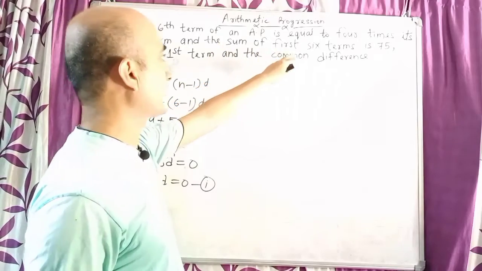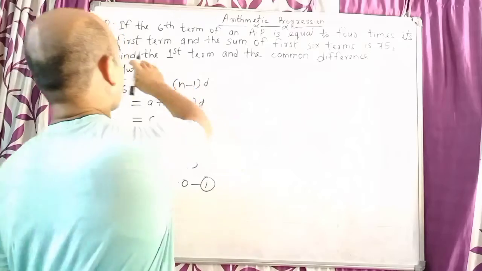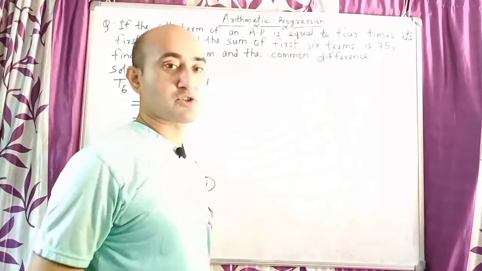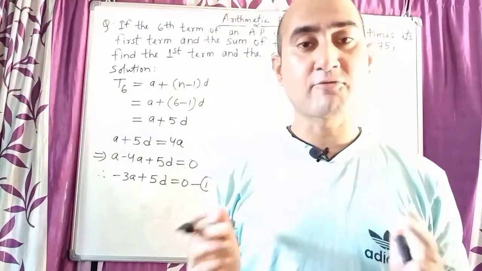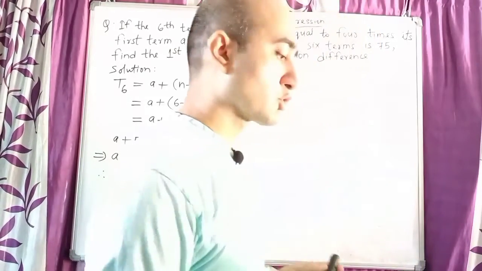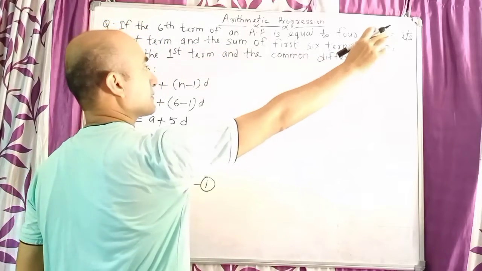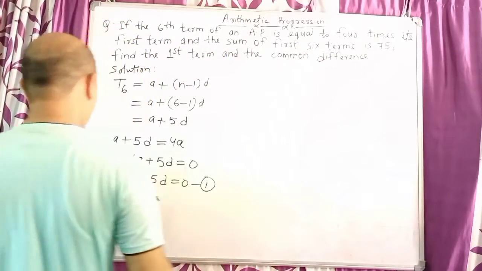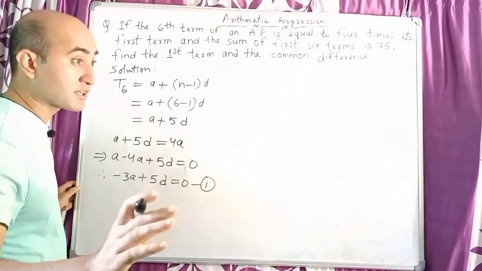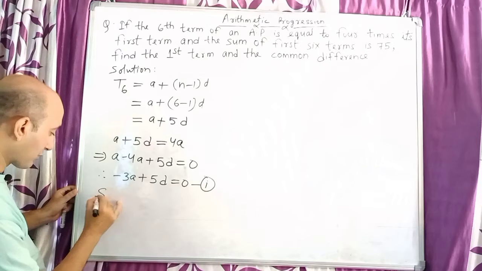The sum of the first 6 terms is 75, and find the first term and the common difference. You have to find the value of A and D, first term and common difference. So here the sum of the first 6 terms is 75. So what we will do here, we will write the sum formula.